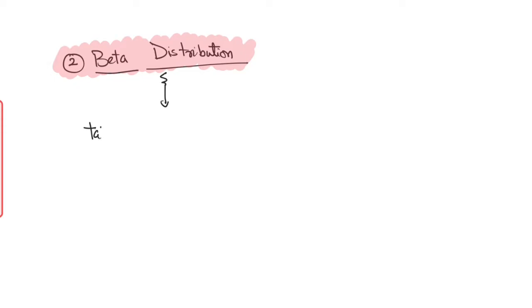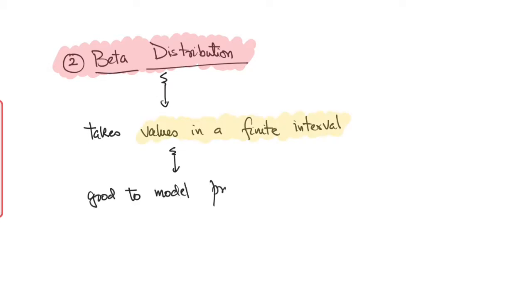The next distribution for today is going to be the beta distribution, which takes values in a finite interval. It is a good distribution to model proportions, which naturally lie inside the interval 0, 1.